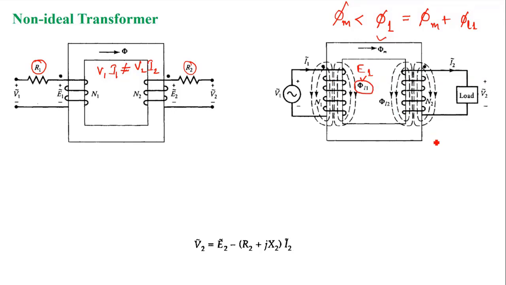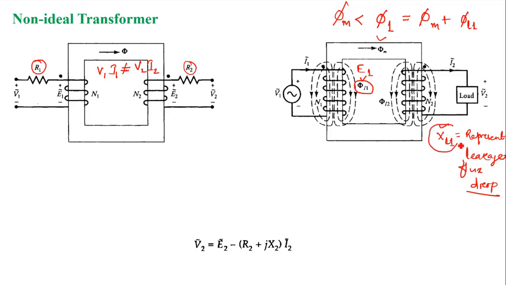So that drop I can write in terms of XL1, right? This reactance will represent it. Practically we cannot see this, but when we are modeling a transformer, we can represent the leakage flux drop. So practically we cannot see a leakage reactance in the transformer, but when modeling a transformer, we can always represent the drop due to the leakage flux as a reactance, right?